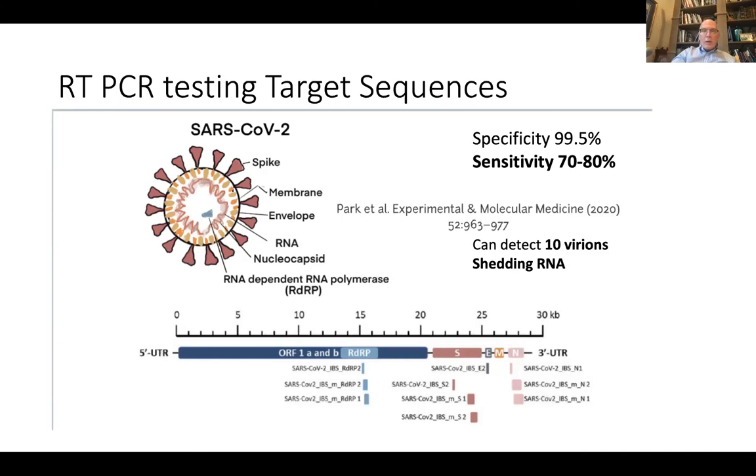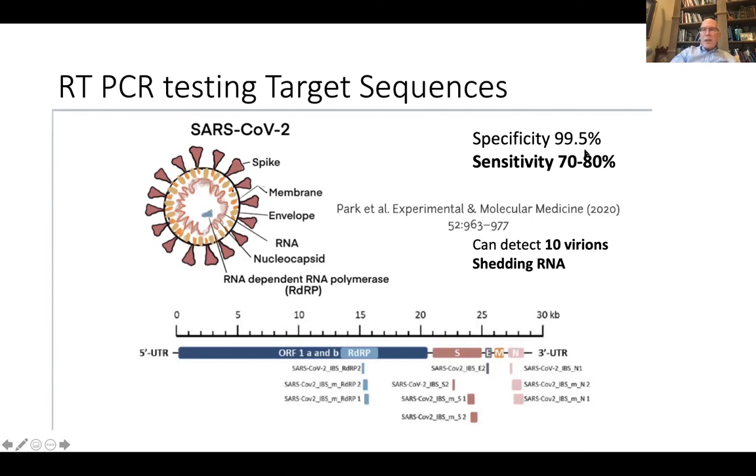So if you have a cycle time of only 15, that means you have a lot of virus. If you have fewer viral particles and less RNA, you will take more cycles to get to the threshold. And when you get a threshold of 30, that means there's not as much virus. Now, this technique can detect variants.